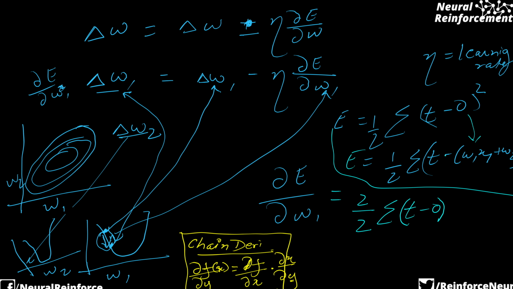Now I'll take the inner part and differentiate that with respect to W1. If you see, this is constant with respect to W1, so this is 0. This one has W1 and is linear in W1 with x1, so minus x1.